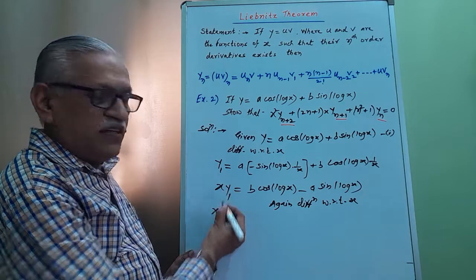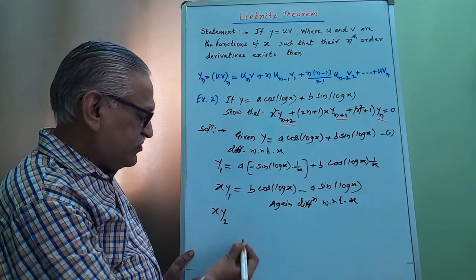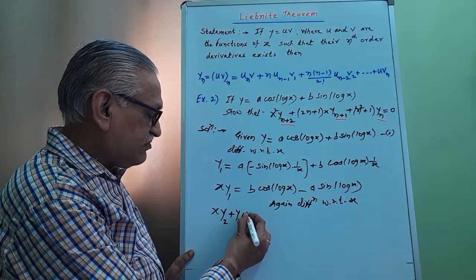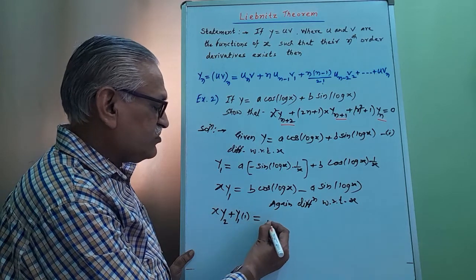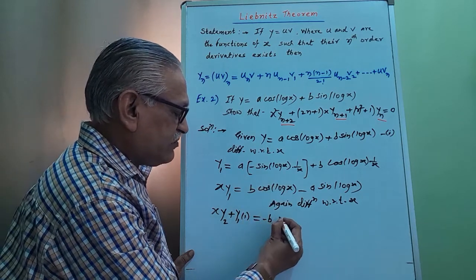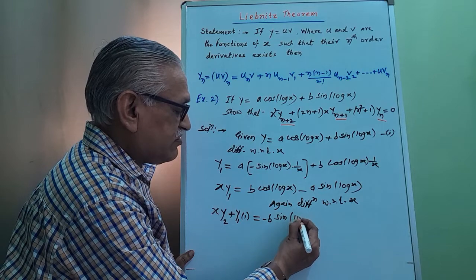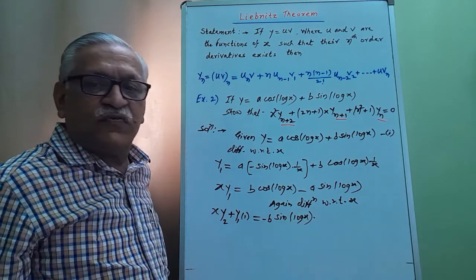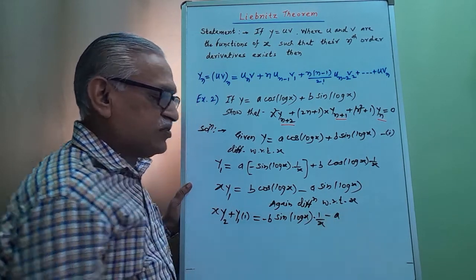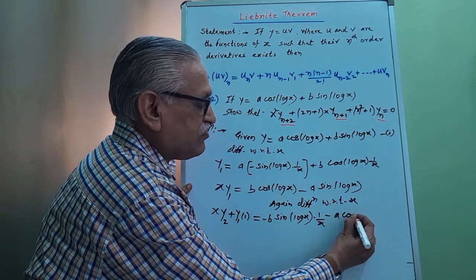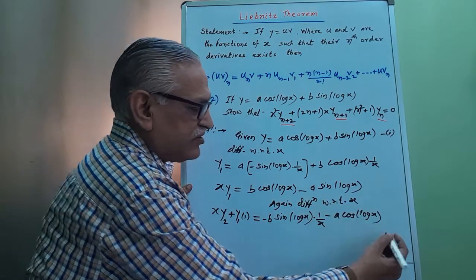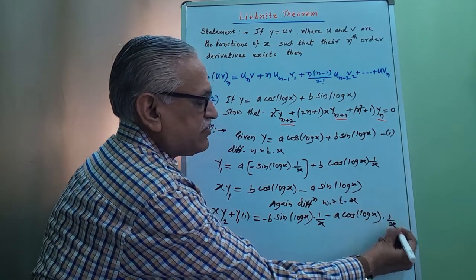First term x, derivative of y1 is y2, second derivative, plus second term as it is y1, differentiation of x is 1, is equal to b constant term, differentiation of cos, it is minus sine of log x, chain rule, differentiation of log of x is 1 by x, minus a constant term, derivative of sine is cos of log of x, and differentiation of log x, chain rule, it is 1 by x.